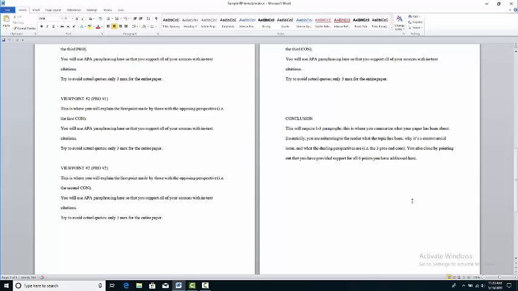So as you are writing, you will be sharing what you learned, and you will be backing it up with in-text citations. In other words, at the end of the statements you make, which are things that you learn stated in your own words, you will cite where you learned that.